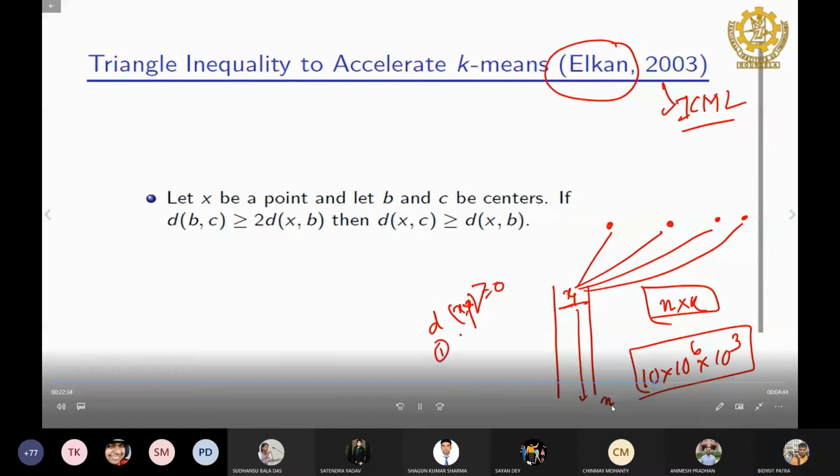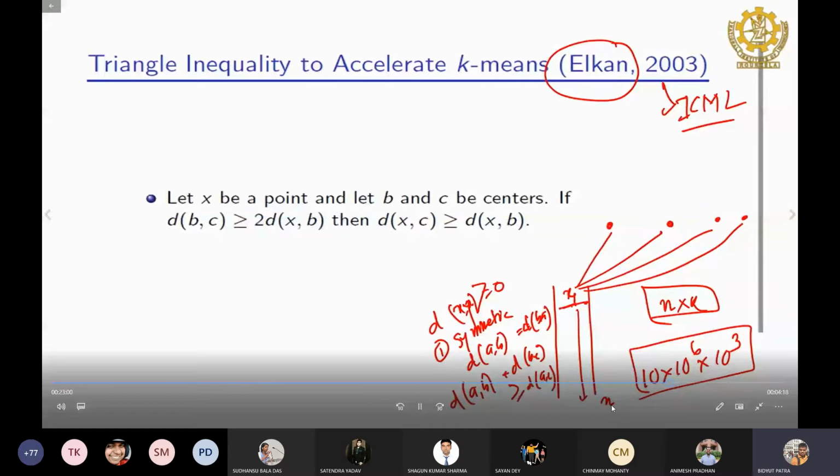It should also be symmetric: distance from A to B is the same as distance from B to A. Distance from Kolkata to Delhi is the same as Delhi to Kolkata. And distance from A to B plus distance from B to C is greater than or equal to distance from A to C. That is called the triangle inequality.